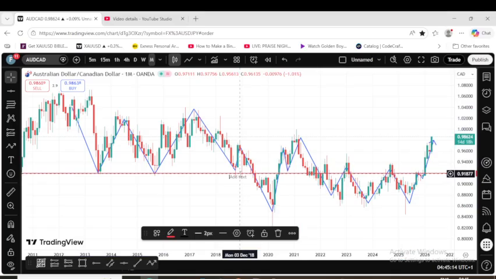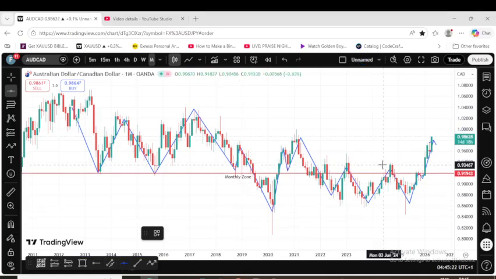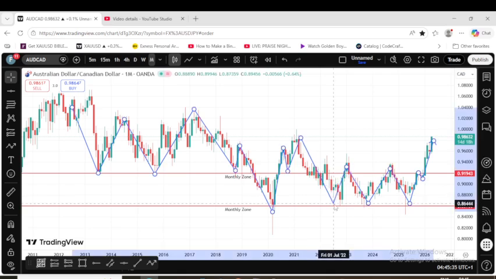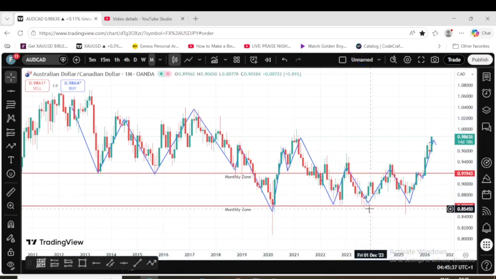And so we have a monthly zone here. Using the same template, we can also see that we have another monthly zone here, because price has found support on this level multiple times.